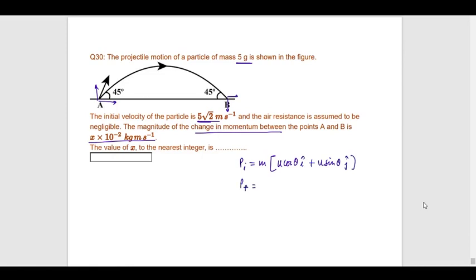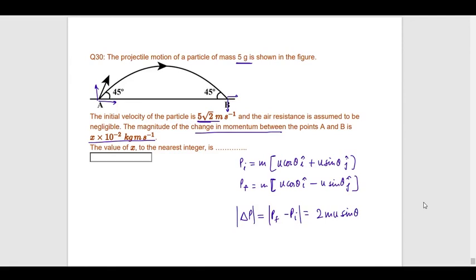Similarly, the final momentum is m times u cos theta i cap, because speed is not going to change, only the direction is going to change, minus, here you will have a minus because it is going to be in negative j direction, u sine theta j cap. So how much is the change in momentum? The change in momentum is final minus initial momentum, which will be equal to 2m u sine theta. Okay, and we are writing down the magnitude here.